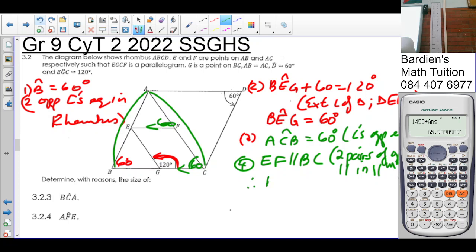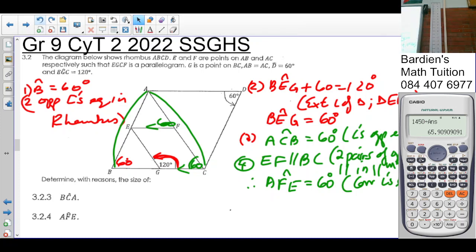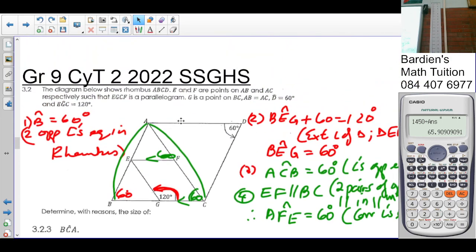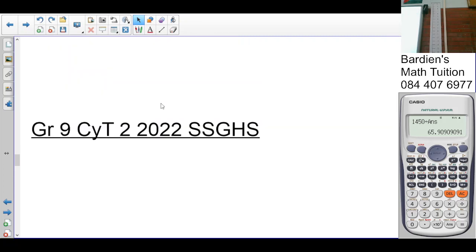So therefore, AFE is equal to 60 degrees. Why? The corresponding angles are equal, with EF being parallel to BC or GC. Okay. It's number 4. Let's go to the next question.